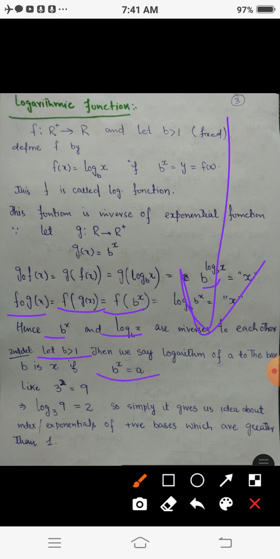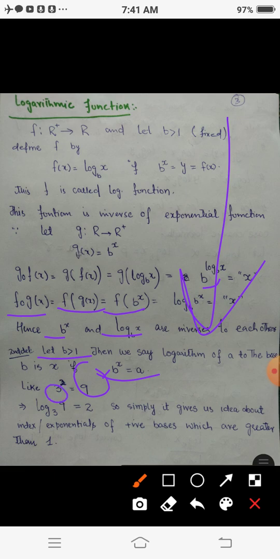Like if we have 3 raised to power 2 is 9, which implies that log of 9 to the base 3 is 2.